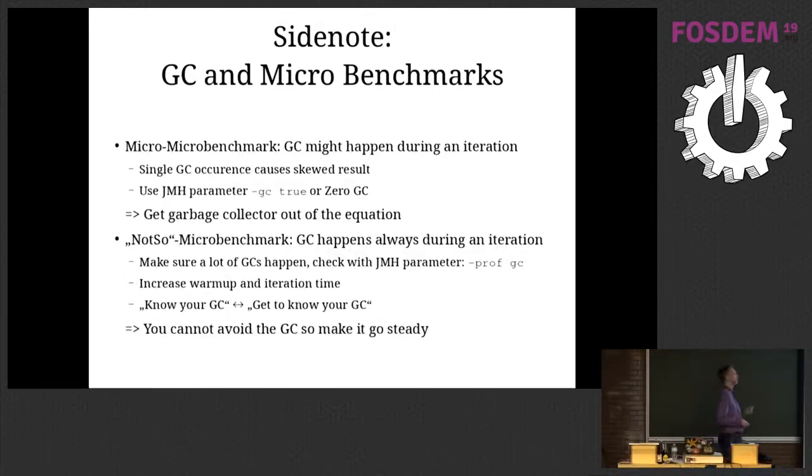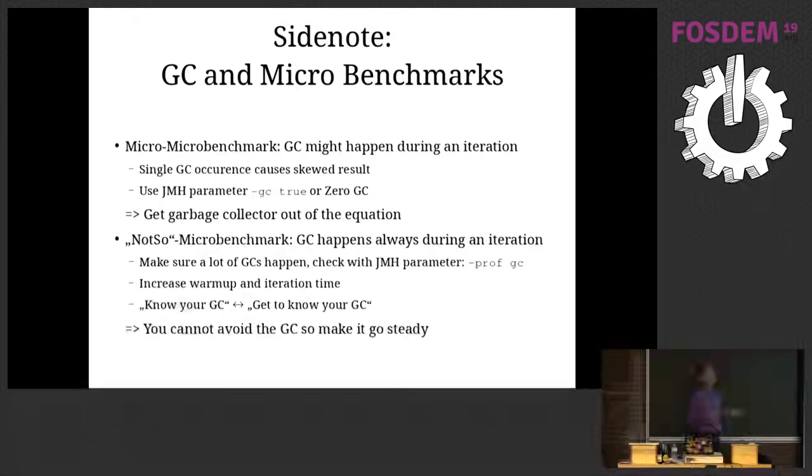You can do this by forcing a garbage collection before your iteration, or maybe even use the Epsilon GC that is new now.